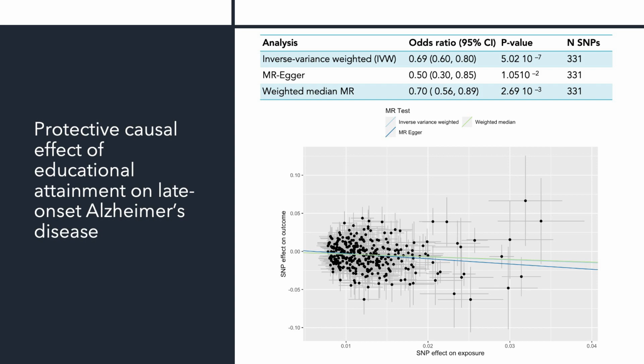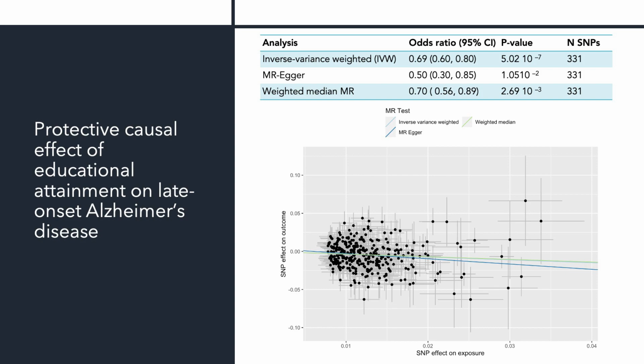And then here's the effect on the outside. The lower down they are, the more protective they tend to be over Alzheimer's. So the ones in this corner tend to make you stay longer at school and are quite protective against Alzheimer's. And on the whole, there is an association. You can see it's not dramatic, but it is there.